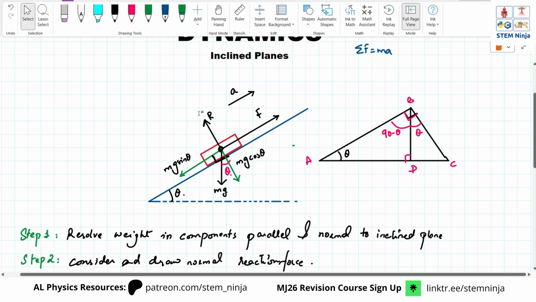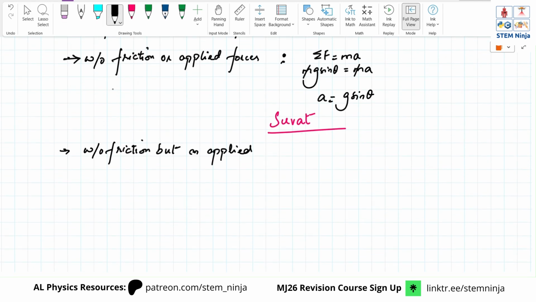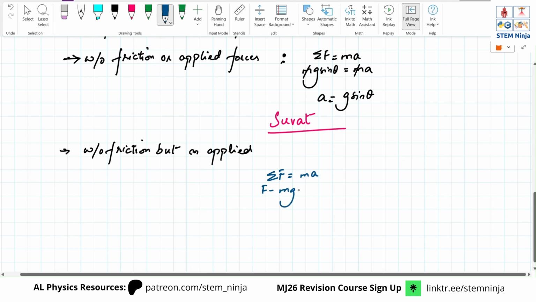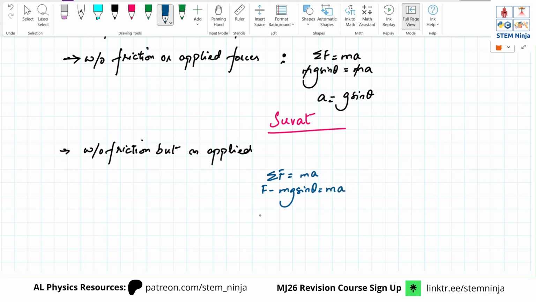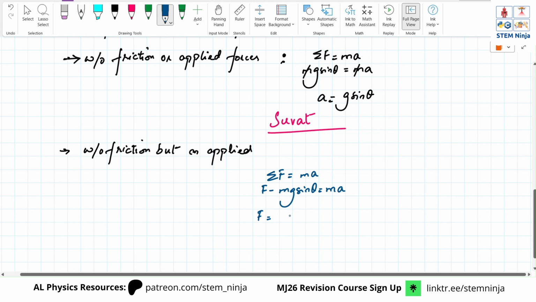So what will happen? We will do the same thing as before. The sum of forces equals MA, and this would be F minus mg sine theta equals MA. So F is equal to mg sine theta plus MA.